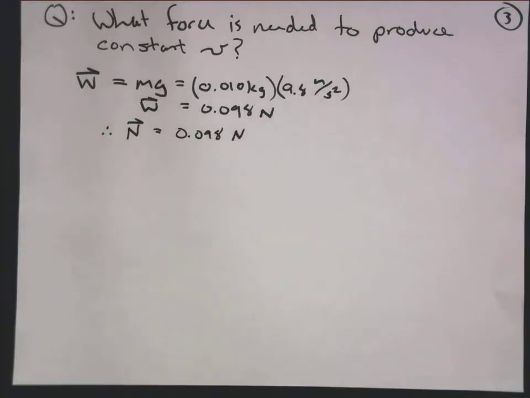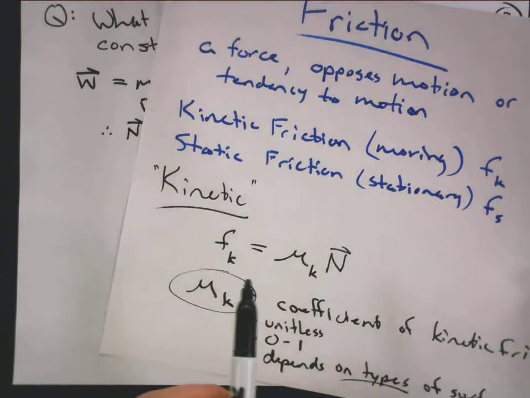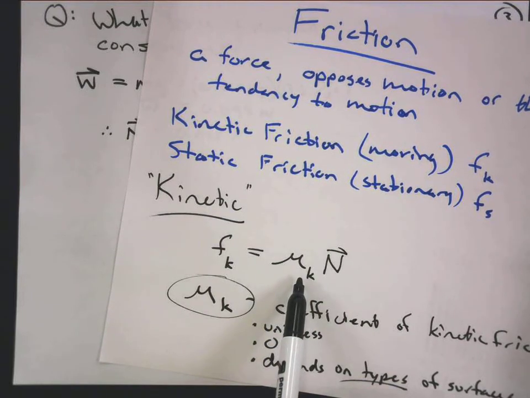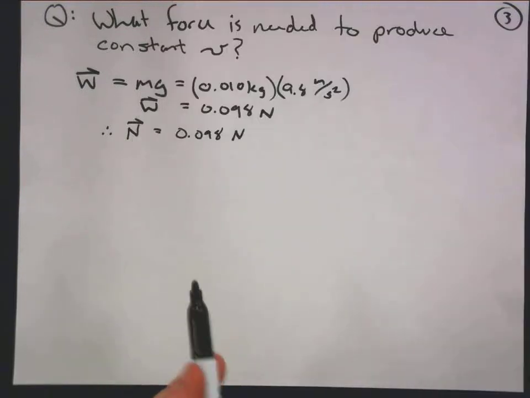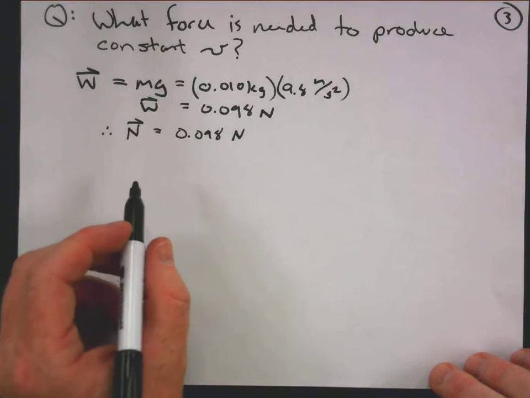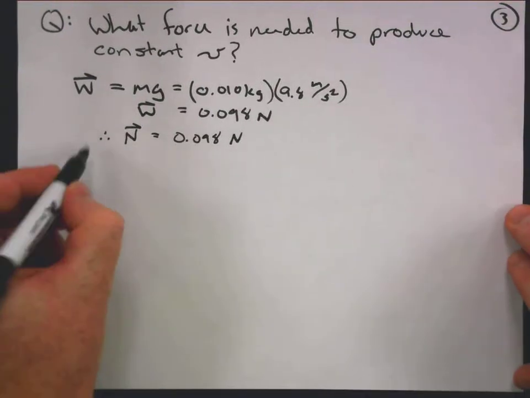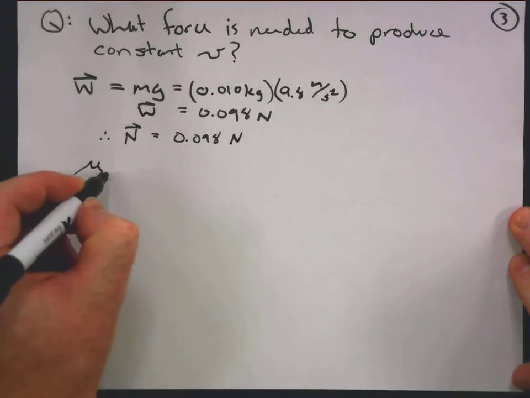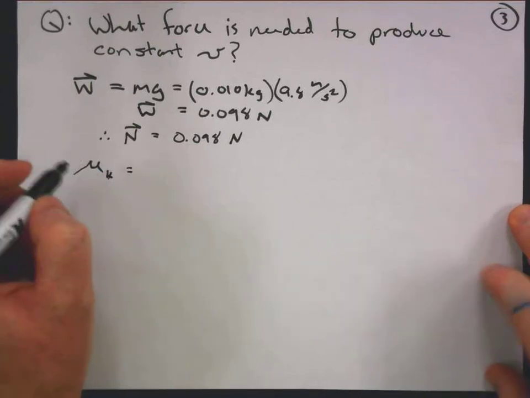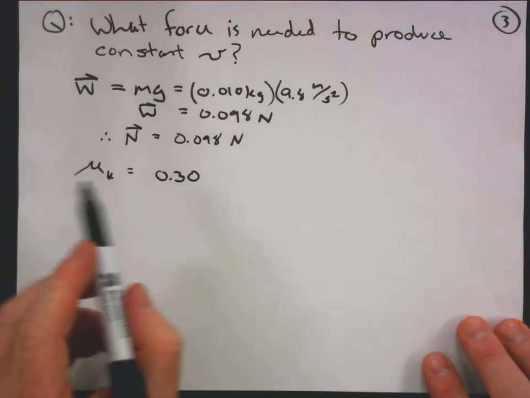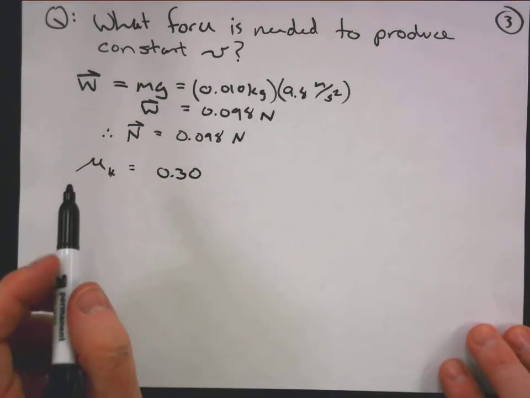Now I know the normal force, and if I multiply normal force times the coefficient of kinetic friction, I can find the amount of friction force. So between these surfaces, between the plastic and the paper, what's my coefficient of kinetic friction? In this example, we're going to go with 0.30, which is kind of typical for plastic on paper.